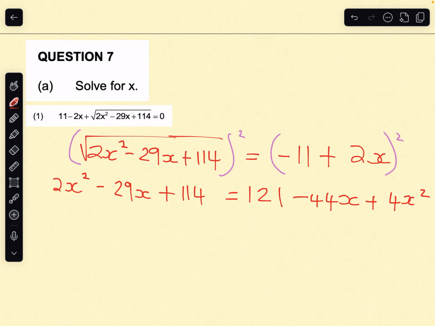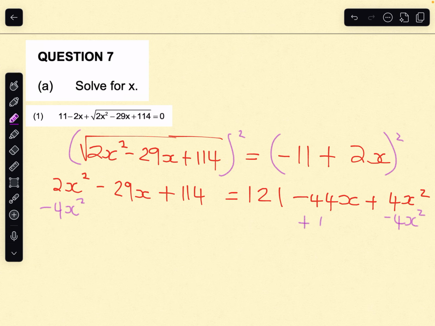Right, and then this is a quadratic equation, so I'm going to try make one of my sides equal to 0. So I'm going to move all my terms across to the left hand side, to the right hand side, whatever makes you happy. So we're going to minus 4x squared on both sides.